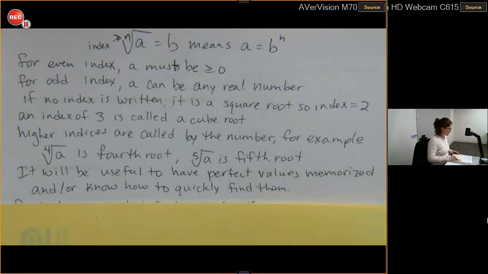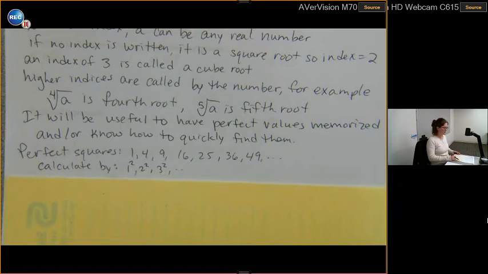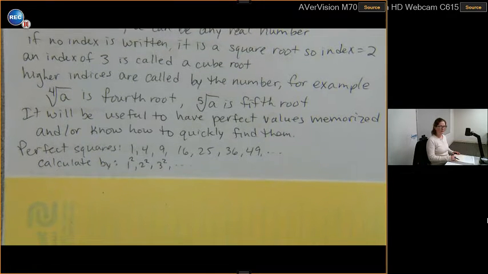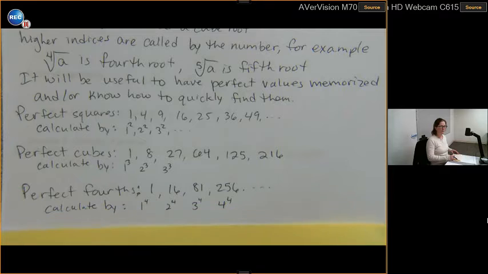It will be useful to have perfect values memorized or know how to quickly find them. So some perfect squares and how you calculate them, some perfect cubes and how they're calculated, some perfect fourths and how they're calculated. Just as a side note, some of the values show up on multiple lists.